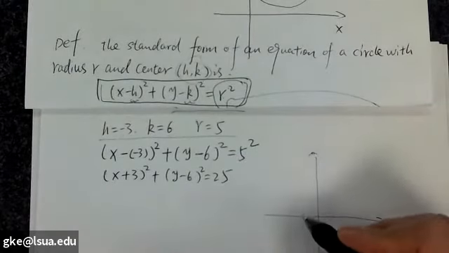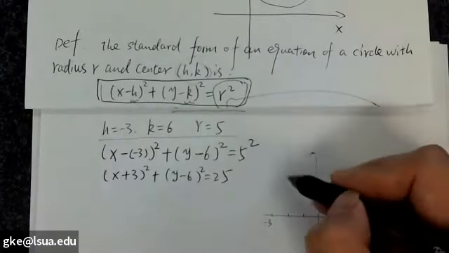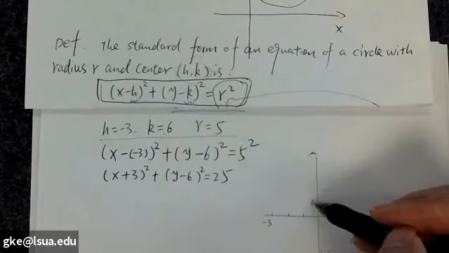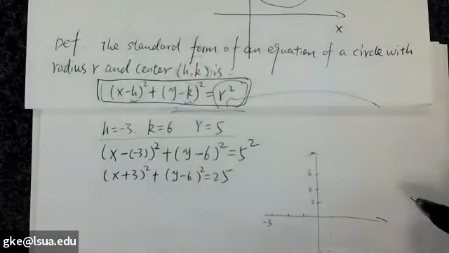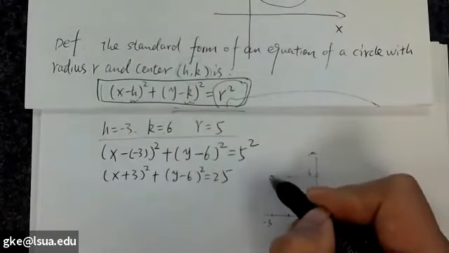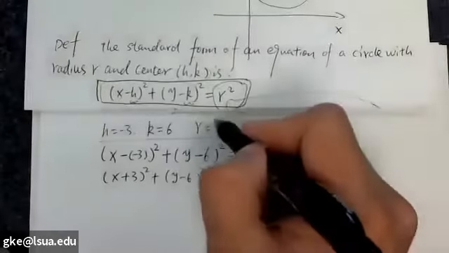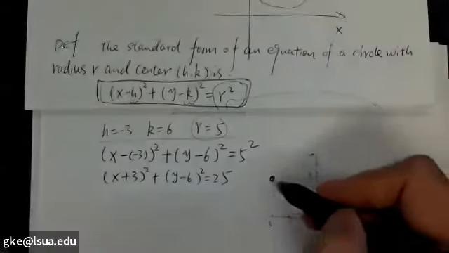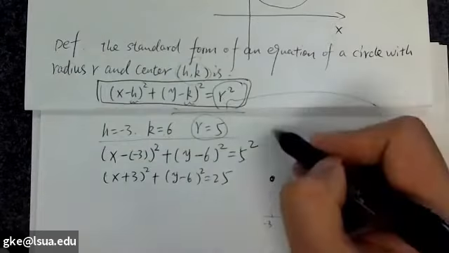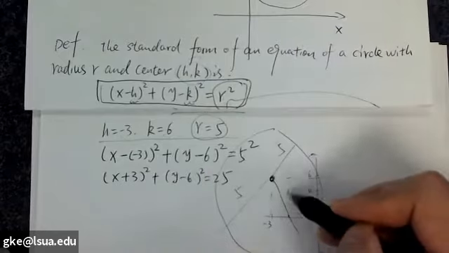Sorry, -3 is here. 1, 2, 3, -3. And the point k is 6. So 2, 4, 6. You draw this point, and then the radius is 5. So you just draw the radius. It's 5, like that. Make sure the radius is 5.